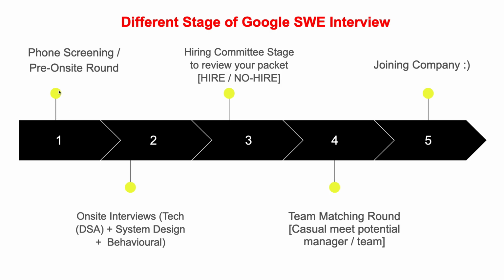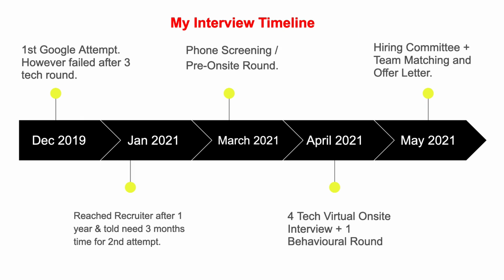So this is a holistic view of the different stages of the Google software engineering interviews, right? Moving ahead, I'll discuss my timeline so you'll get an idea of what the procedure looks like and the time difference between different stages. In December 2019, I gave my first attempt at Google.